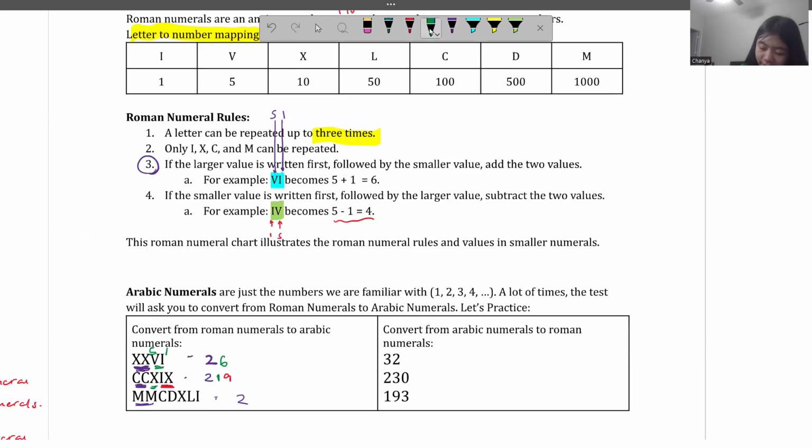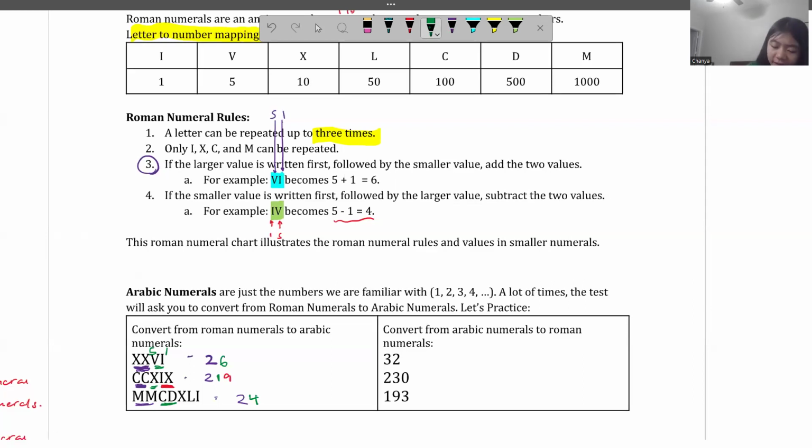We have C and D next. D is 500, C is 100. But since the C is before the D, in other words, the smaller value is before the larger value, you have to subtract the two values. So you have 500 minus 100, which is 400.